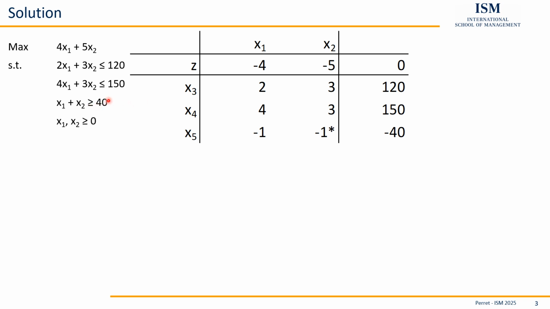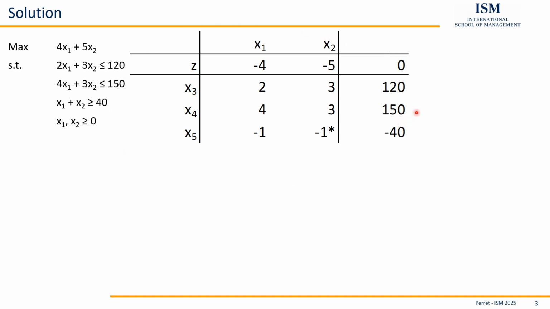Then we take all the coefficients in front of x1, so 2, 4, -1, put them in the x1 column, take all the coefficients in front of x2, 3, 3, -1, put them in the x2 column, and take all the values from the right side and put them in the right-hand side values. So 120, 150, and -40. This gives us the first table to work with.